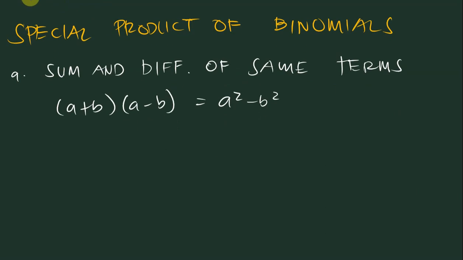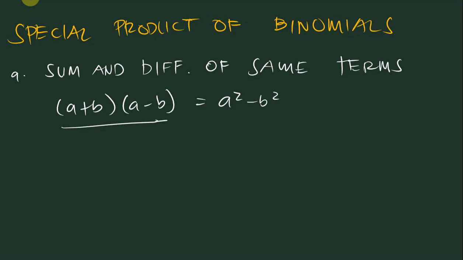You can use this to solve more efficiently. So if you see two binomials that are structured this way, you can immediately write the answer, a squared minus b squared.